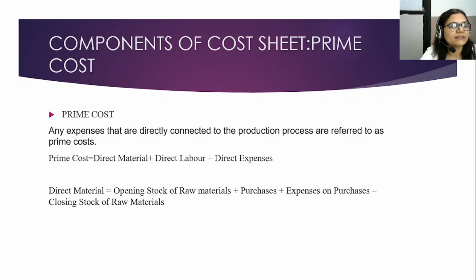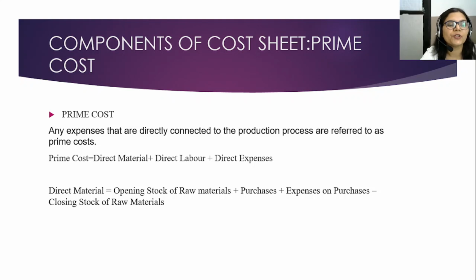Next is direct expenses. Direct expenses are the additional expenses which are incurred during the production process. Direct expenses are those expenses other than material and labor, and they are a part of prime cost. Chargeable expenses is another name for direct expenses.